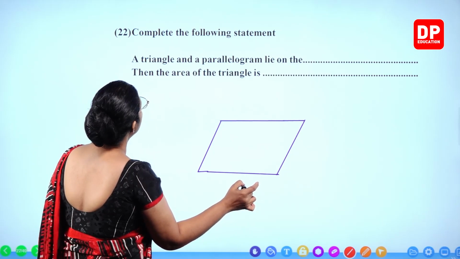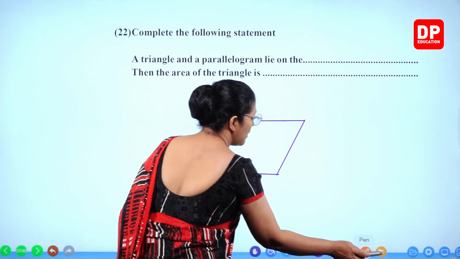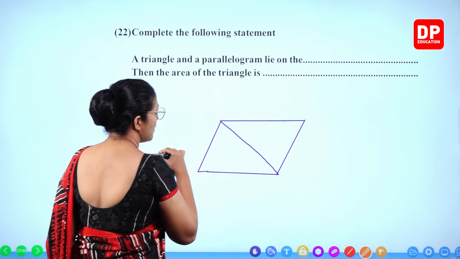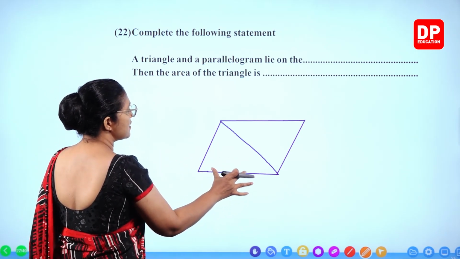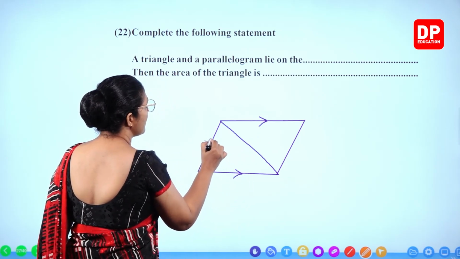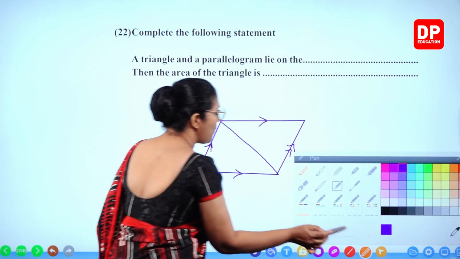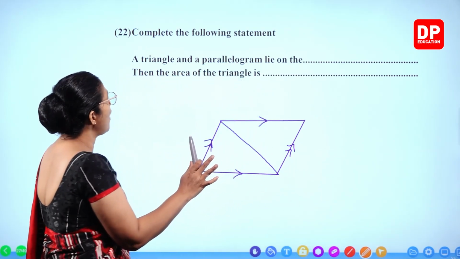A parallelogram and a triangle lie on, let's say, the same base. Okay, so this triangle and the same base, and here this is a parallelogram, so parallel sides are there. So what can you say about these two diagrams? A parallelogram and a triangle.